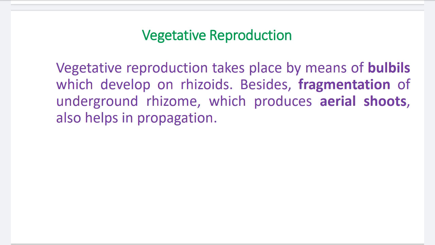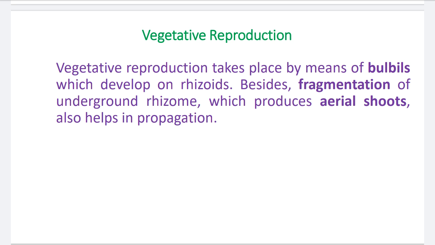When small fragments or small pieces of underground rhizome are formed, they have the ability to regenerate. In this way, the fragmentation of underground rhizome produces aerial shoots, and these aerial shoots cause the new gametophytic plant body in the Polytrichum.